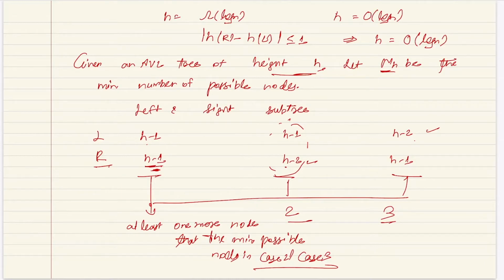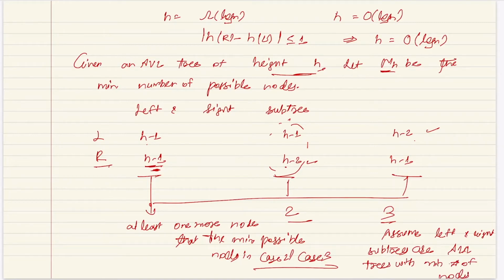And we are taking that case, okay, the overall tree has the minimum number of possible nodes. So then what can I say? So let's assume left and right subtrees are AVL trees with minimum number of nodes.